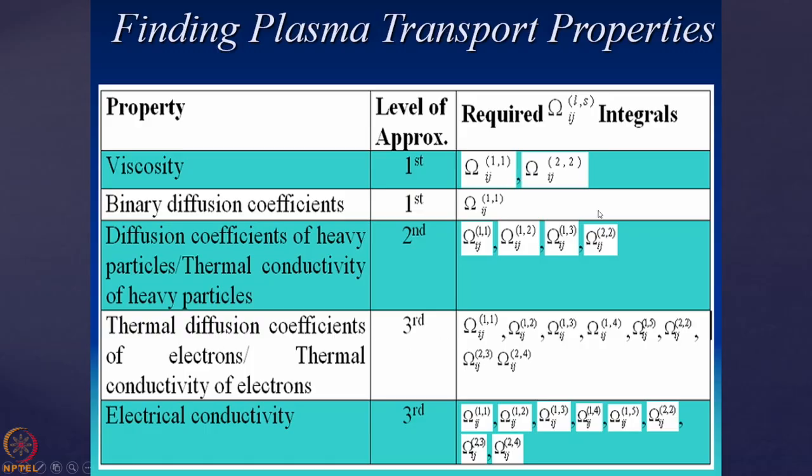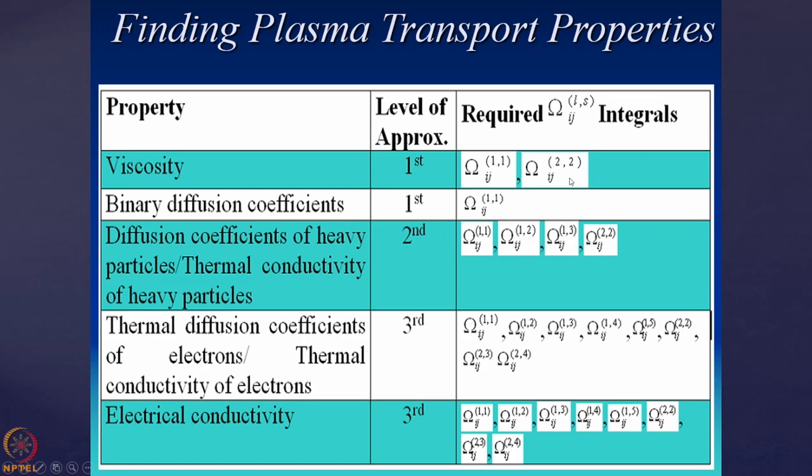For viscosity, only the first approximation is sufficient. For the binary diffusion coefficient, again the first approximation is sufficient. But if you want really accurate values of the diffusion coefficients for heavy particles or the thermal conductivity of heavy particles, then you need to go for the second approximation.